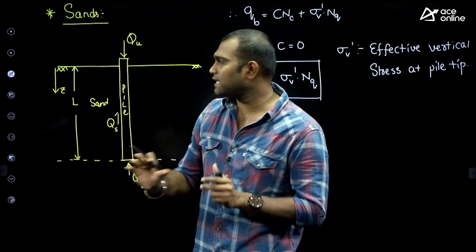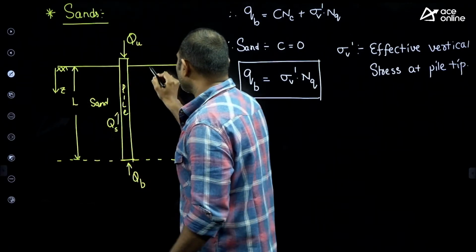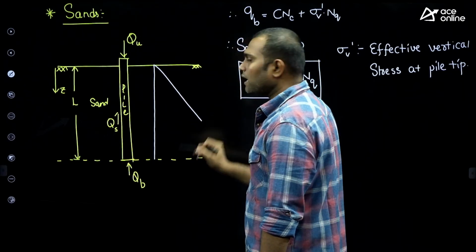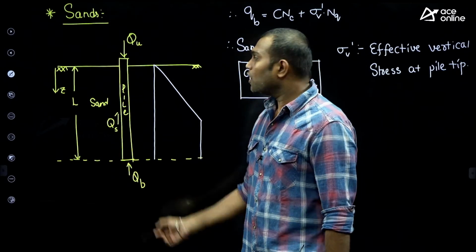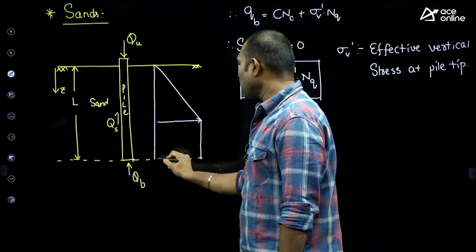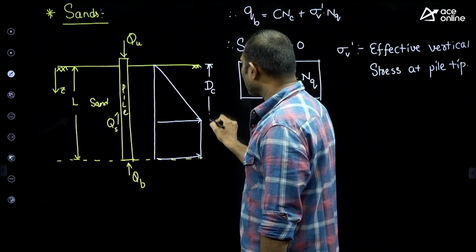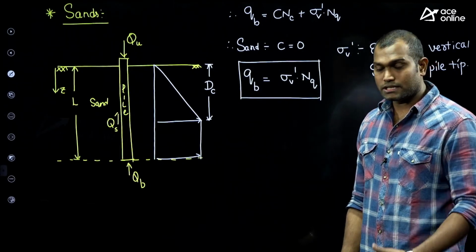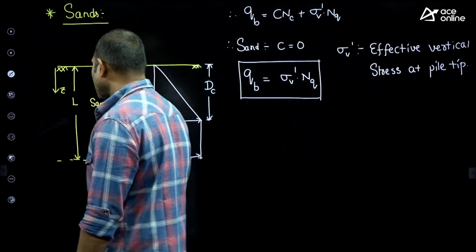So due to the change in the stiffness of the sand and the pile, it was observed that the vertical stress increases linearly from top to bottom up to a certain depth, and beyond that depth it becomes constant, which means vertical stress below the ground level increases up to a certain depth only, and then it remains constant. The depth up to which the stress varies linearly is known as the critical length of the pile. That is due to the arching effect.